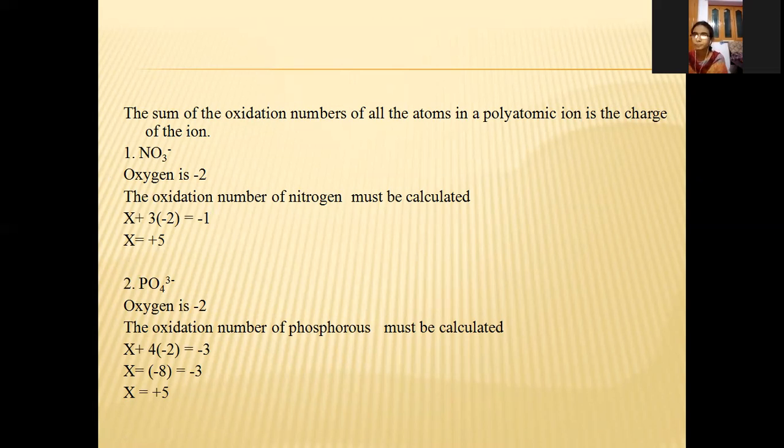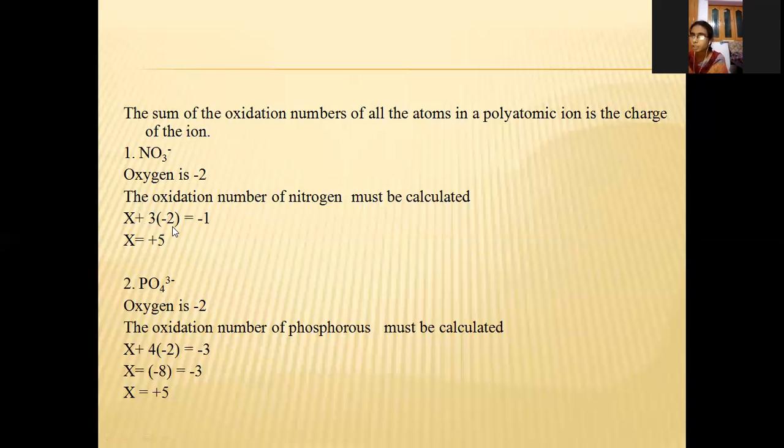Again, this is nitrate, NO3 minus. The oxidation number of oxygen is -2, and we have to calculate it for nitrogen. We don't know the oxidation number of nitrogen, so we consider it as X. Plus 3 oxygen atoms with oxidation number -2 equals -1.